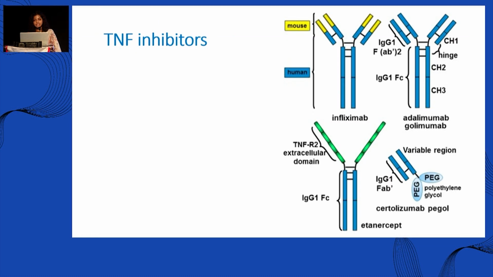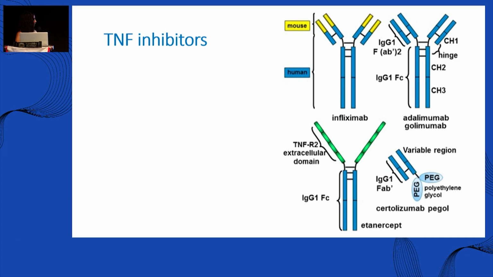So the differences between these TNF inhibitors are both in terms of their structure and also their pharmacokinetics, and a little bit on the pharmacodynamics as well. If we look at infliximab, it is a chimeric monoclonal antibody. It means that there is a part that's human and a part that's murine. Because of that, the antigenicity of infliximab is much more than what we would get in a fully humanized monoclonal antibody. That's mainly adalimumab and golimumab.